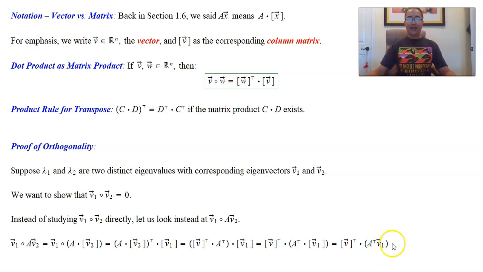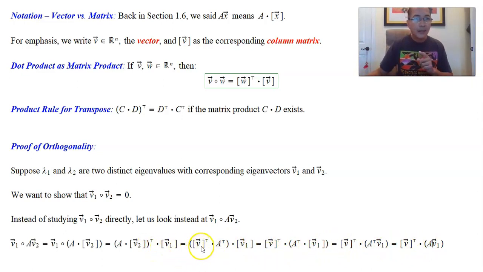Okay, so that is where we are. Oh, wait a minute. There's one more step, one more thing we can do. A is symmetric, so therefore A transpose is exactly the same as A. Oh, and I lost something. How come there's no subscript here?